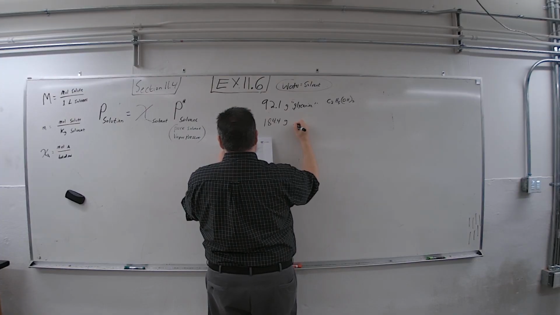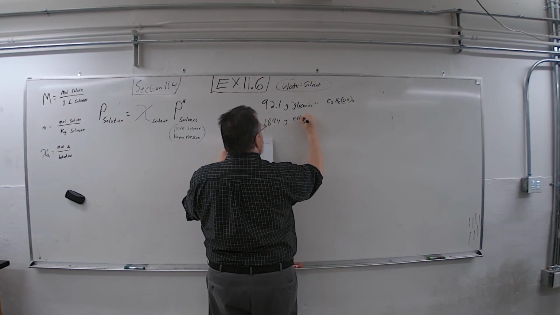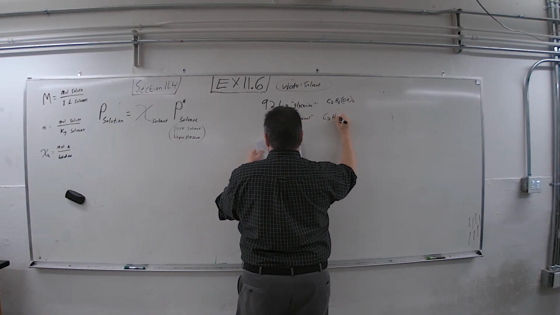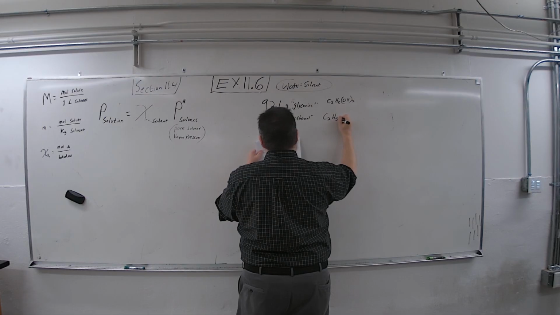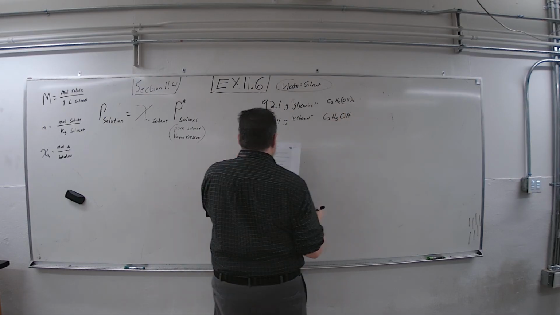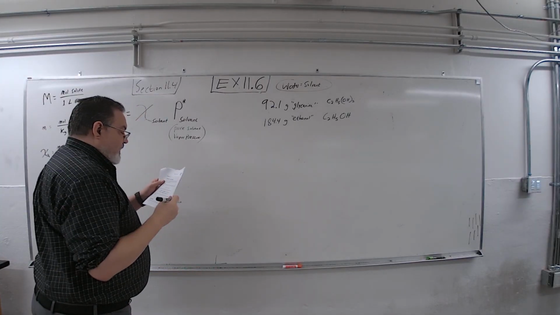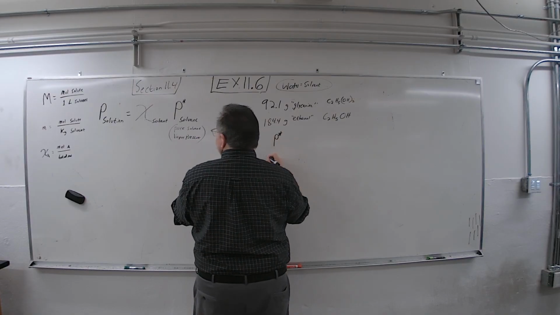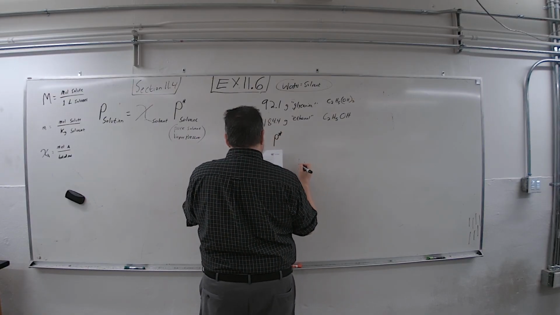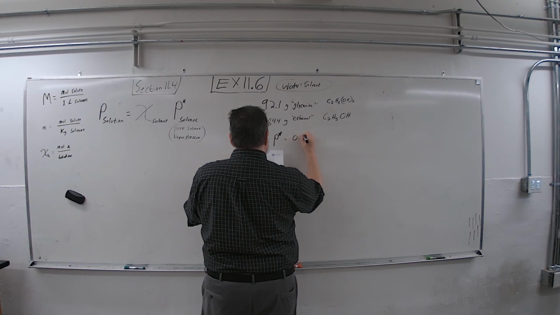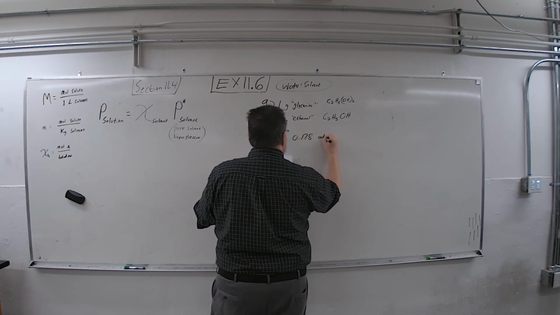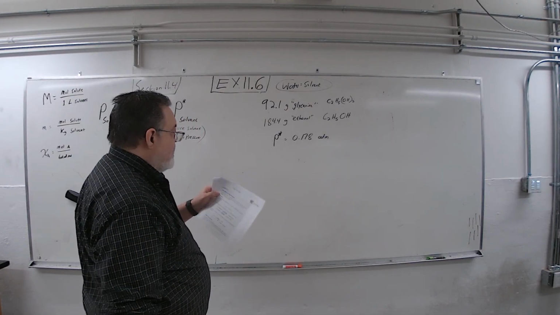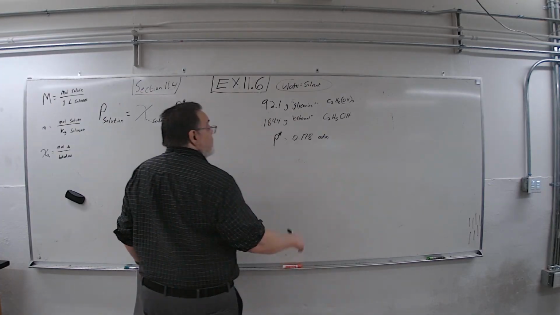Grams of ethanol is, it tells you the pure vapor pressure, star, atmosphere, and it wants you to solve for the vapor pressure of the solution.